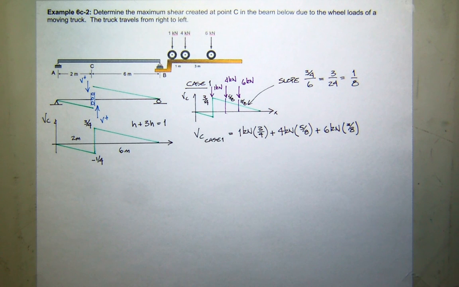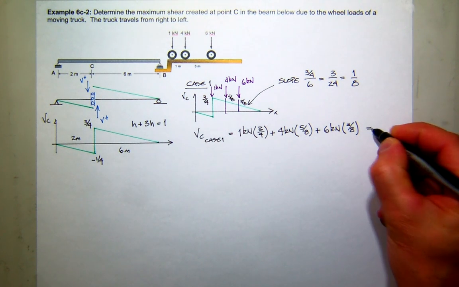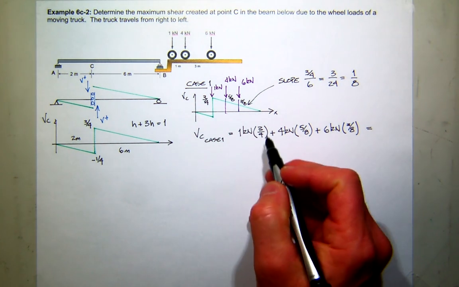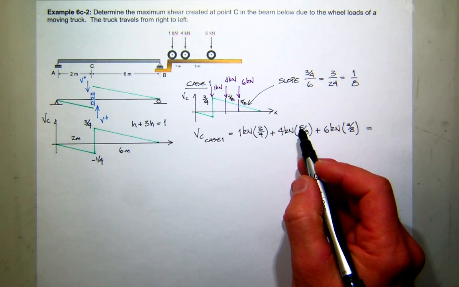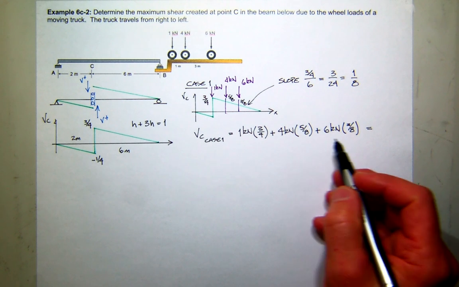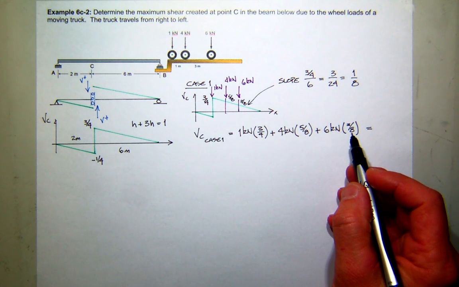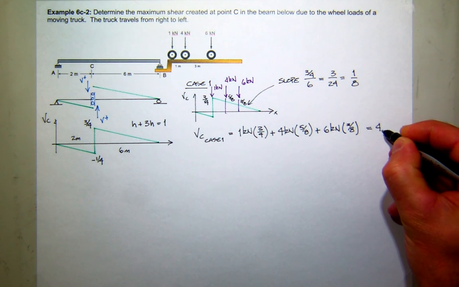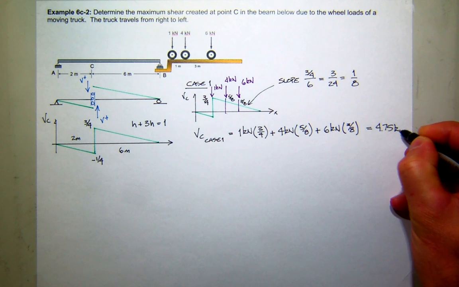Yeah, 2/8. I need some help with that. I'm having trouble knocking that out in my head. This is 3/4, obviously. This will be 2.5. And what's that? 1.5. So that's 4 3/4, and that'll be kilonewtons.